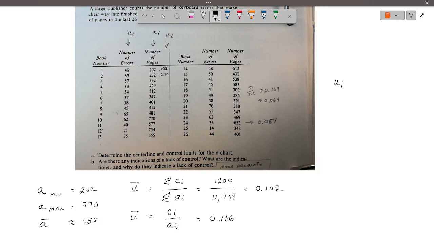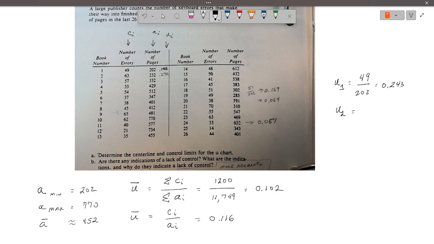UI for the first book would be 49 divided by 202, and that'll give me 0.243, I think it is. Okay. And then I take a look at UI for number 2. This should be a 1, sorry. UI 1.